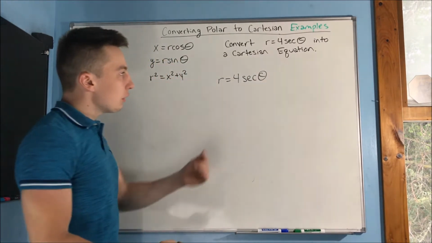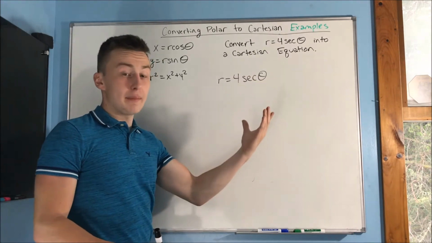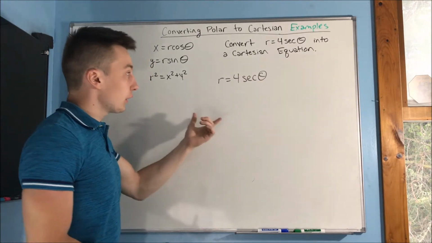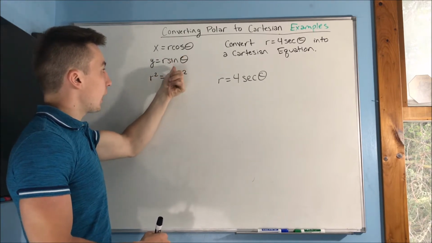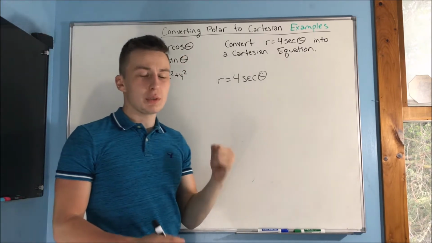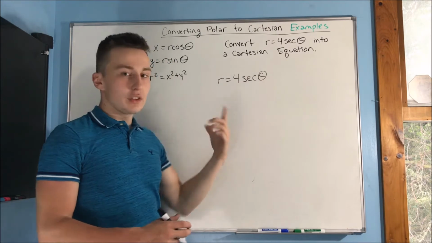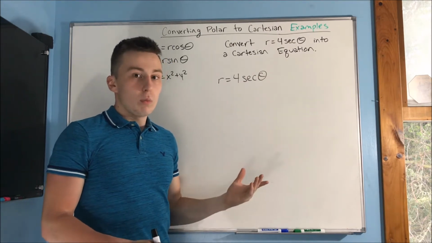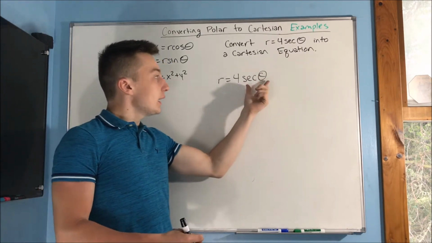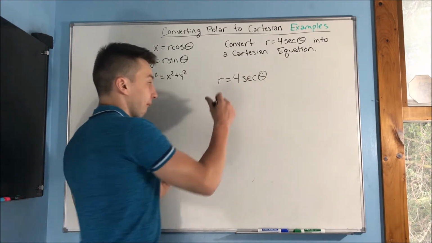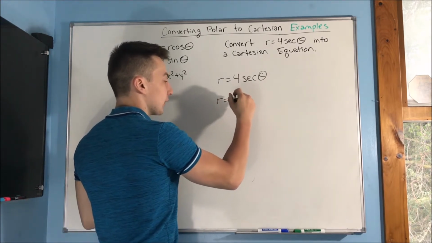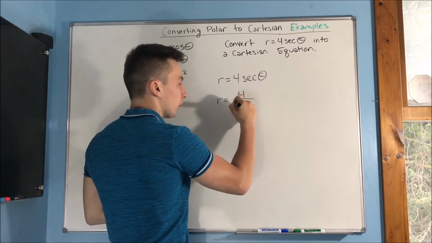Now, you notice our trig function here is a secant, okay? And the trig functions that we have in our conversions here are cosine and sine, and we of course know a tangent one too, but secant doesn't go with any of those, right? Well, remember, we can make a secant a cosine by putting it in the denominator, right? So we can rewrite this as r equals 4 over cosine theta.